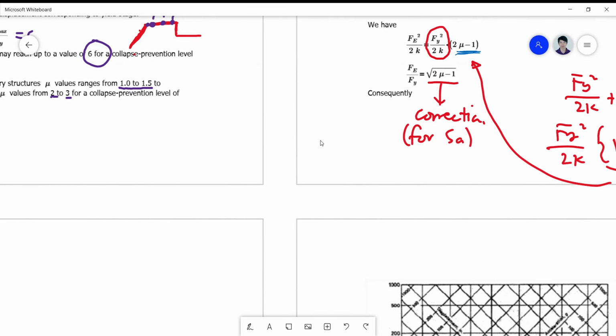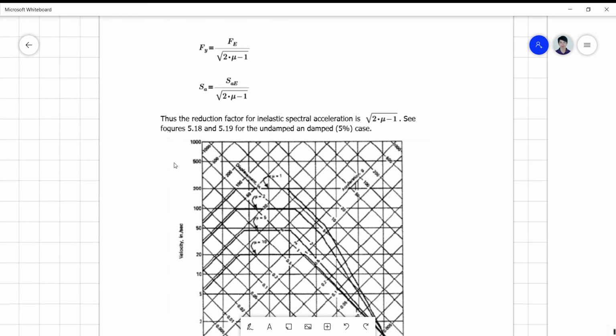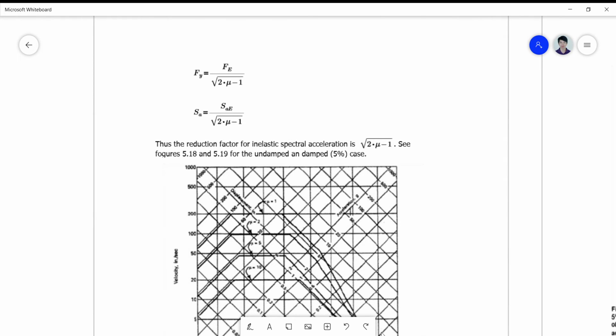Okay, so let's take a look now on the other reduction factor. This is now actually seen on figures 5.18 and 5.19.